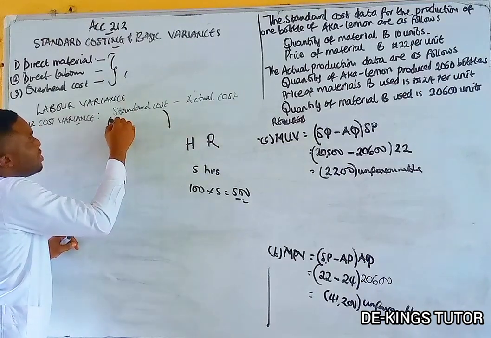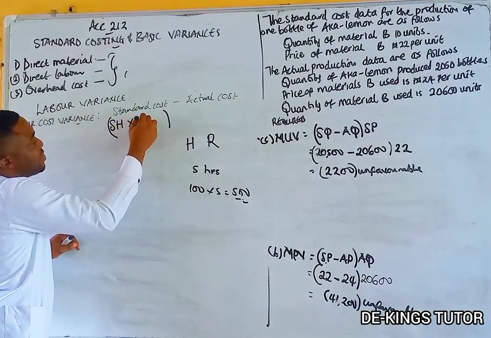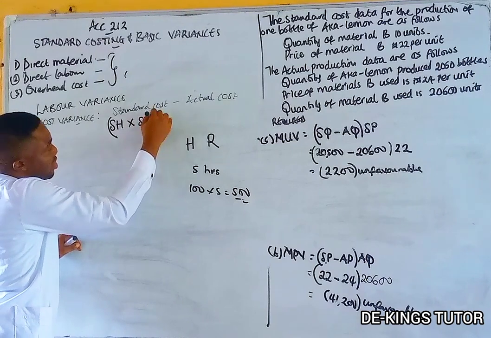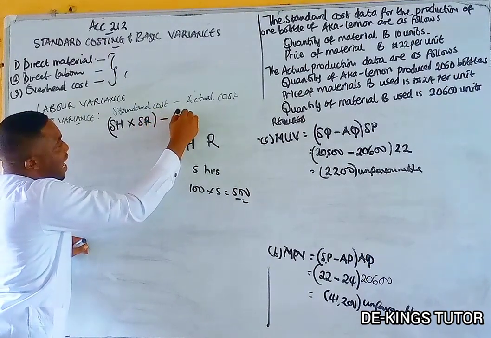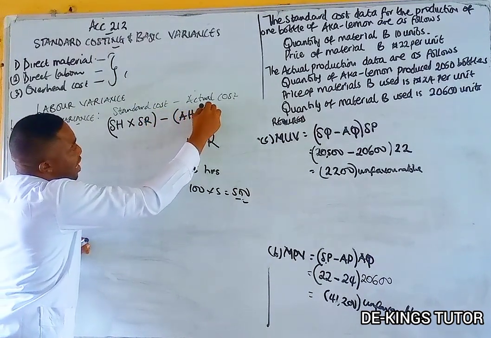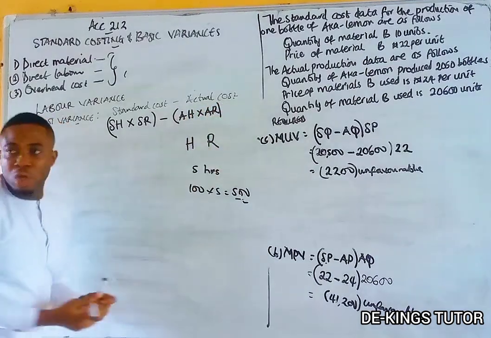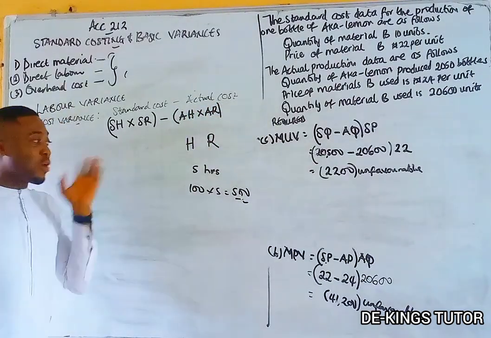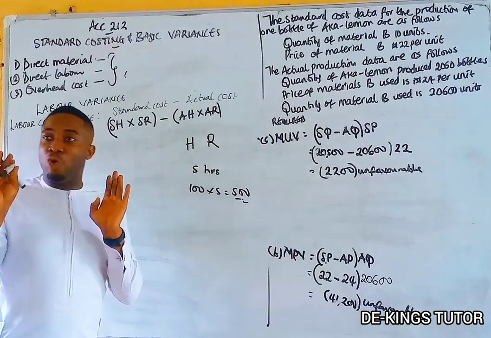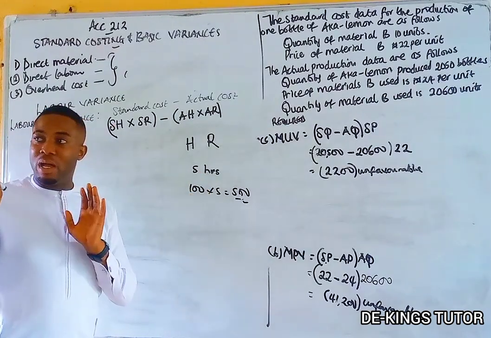It is standard hour times standard rate minus actual hour times actual rate. So it means they have said, this is our company, it is 5 hours of work, I will pay them 100 naira per hour.